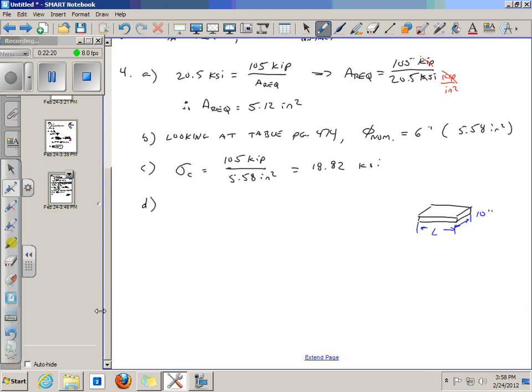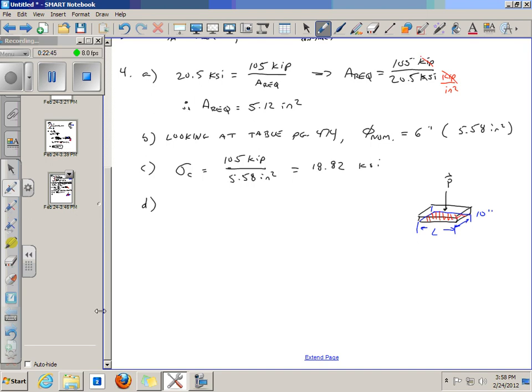Then the only force on this plate is going to be P. Now, the area of contact between that and the concrete, we're worried about it, we're going to crush the concrete, area of contact is going to be where the plate touches the concrete.